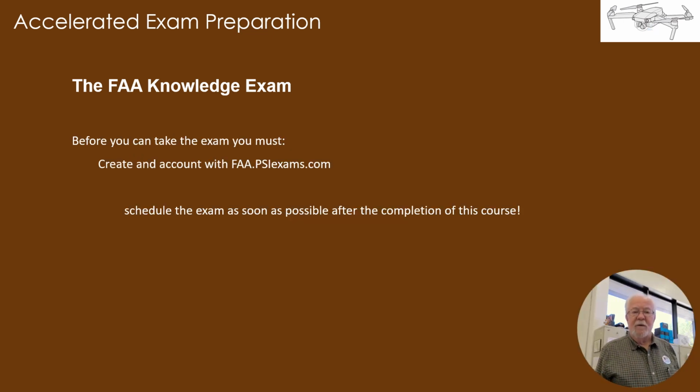So this is what you need to do before you can take the exam. You have to have an FTN number from the IACRA site. Then we also need to have an account with faa.psiexams.com. Those are the ones that manage the scheduling for the written test. When you get ready, sometimes they fill up.